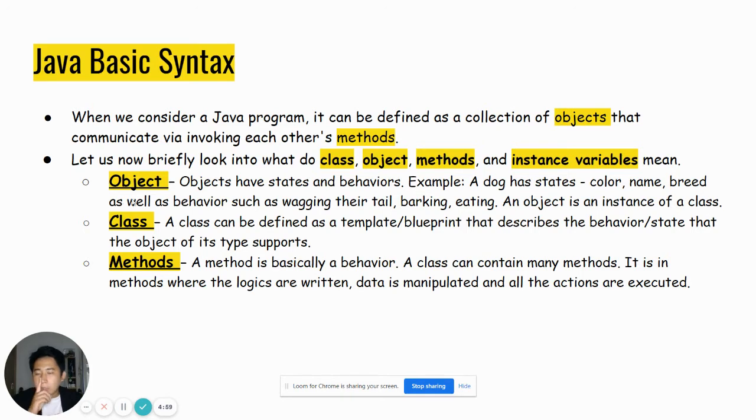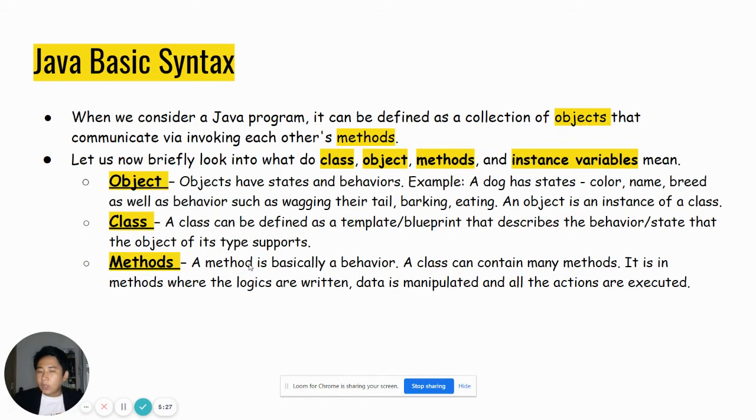Okay, let's go back to object. Objects have states and behavior, right? And the examples of behavior of a dog are wagging its tail, barking, and eating. That's behavior. And as you go here on methods, it says that a method is basically a behavior. So a method is a behavior of an object.